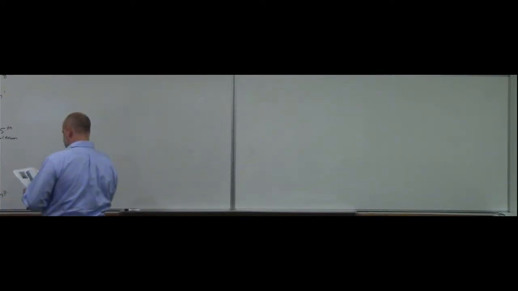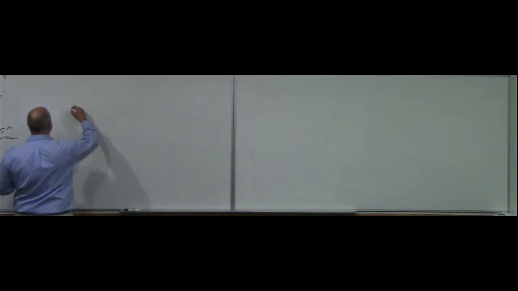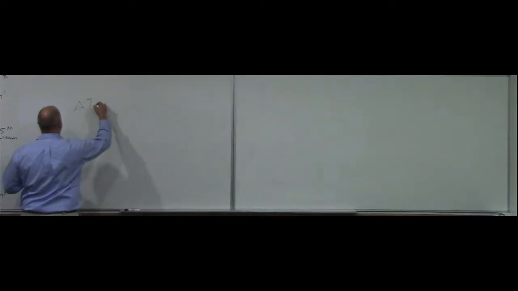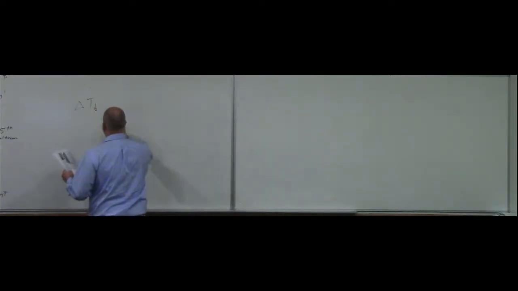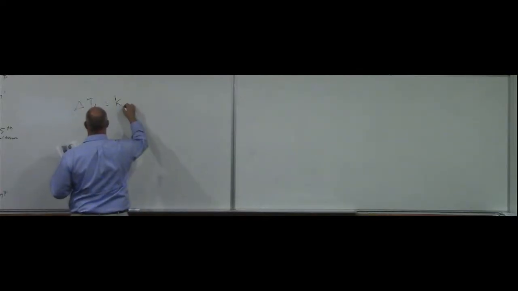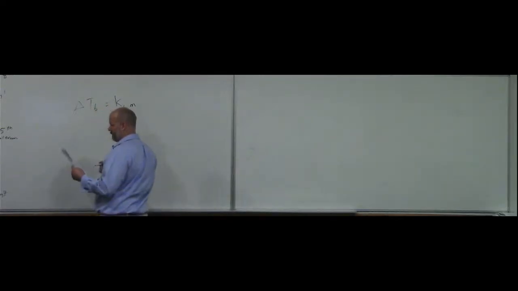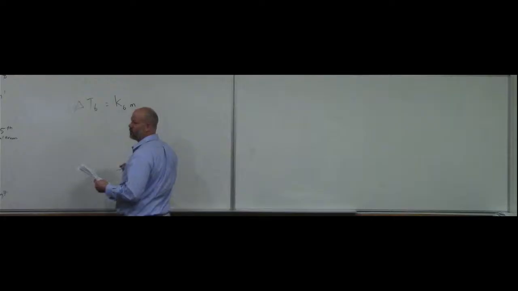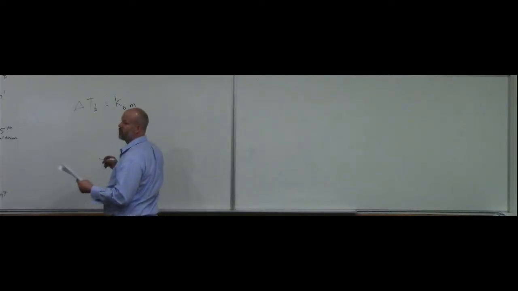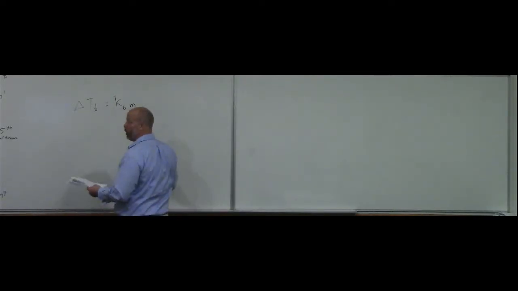Boiling point elevation. Okay. So the change in temperature, delta always means change, right? So the change in the temperature of the boiling point, so how much it's going to change, is equal to a constant, a boiling point constant, times molality. Essentially what we're looking at here is how much a solute is going to affect the boiling point, right?